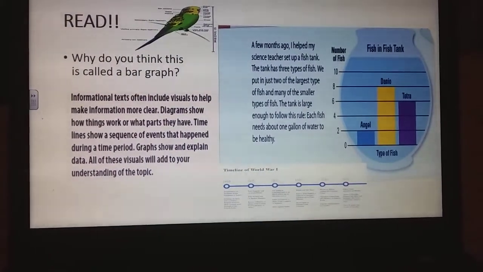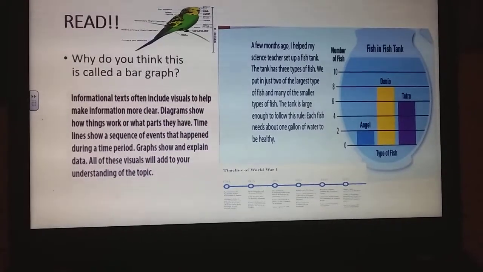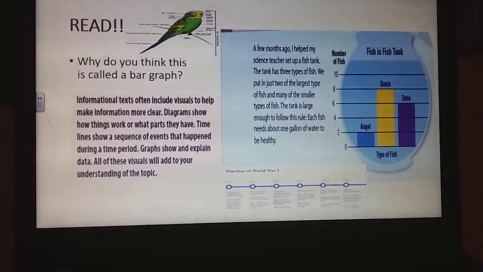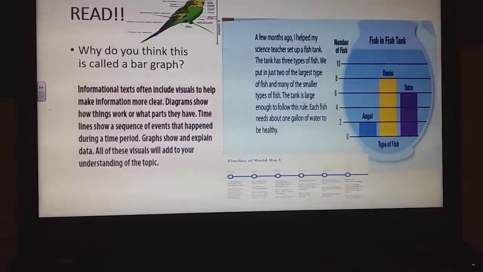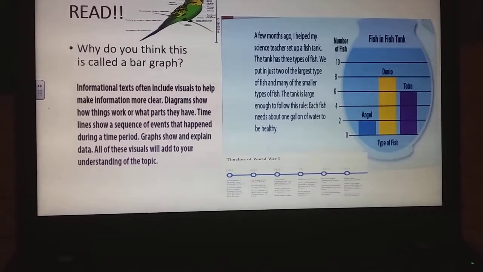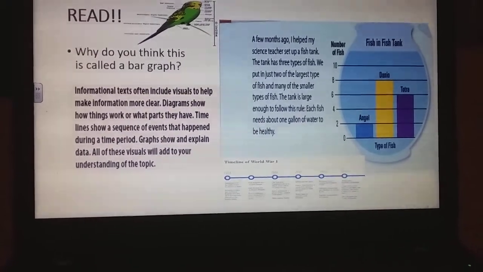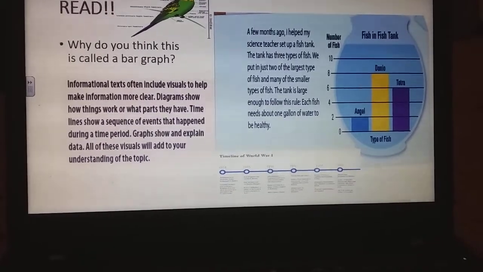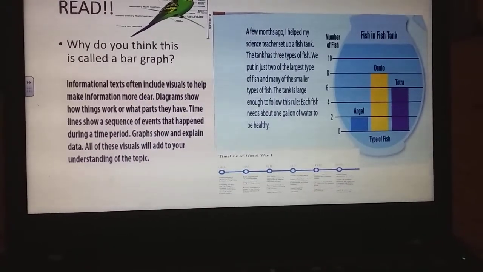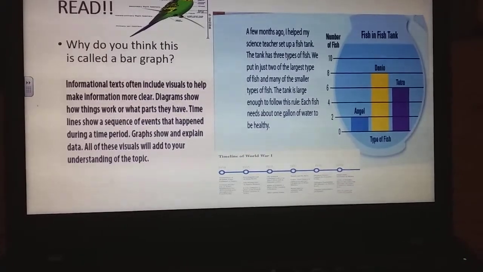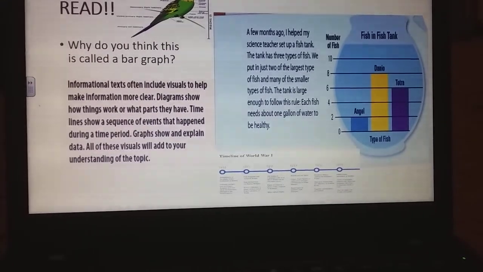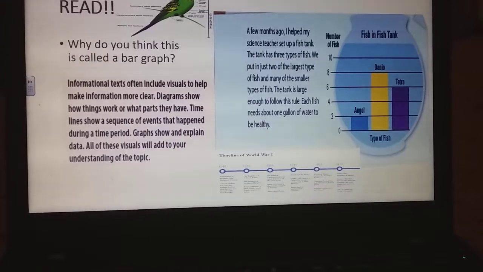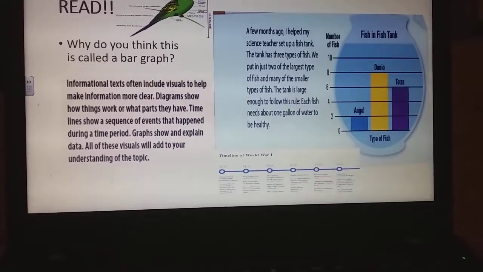Now, I want you to look at the area in blue over here to the right. Look at the fish tank here. This is what we call a bar graph, but why do you think it's called a bar graph? Well, if you look at it for a second, logically, it's because some of the information on it is represented in the form of bars, right?